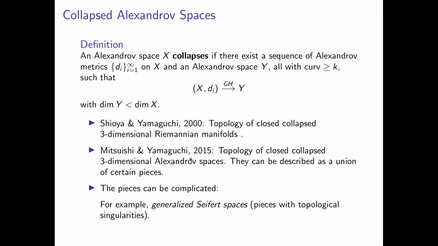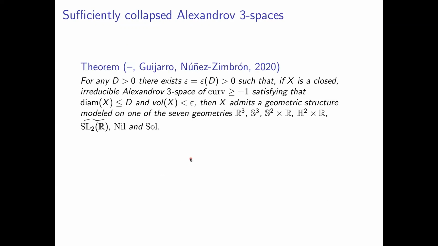And the theorem that we proved, putting all of these things that I have talked about together, is this result of Jesús. It says that if you have a space that is sufficiently collapsed, then it's actually geometric.